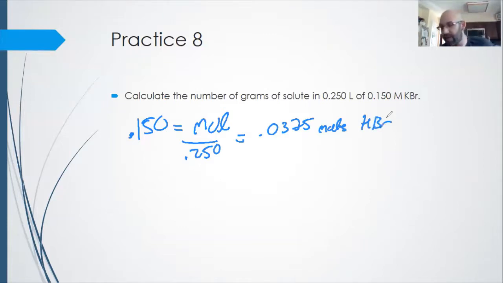All right, then we've got to find out, hey, what's the molar mass of potassium bromide? And the answer is, I have no idea off the top of my head. So let's find out. Potassium bromide, molar mass, 119, works for me.